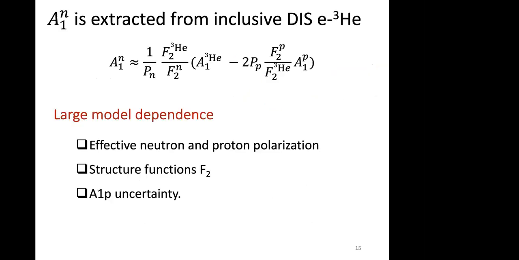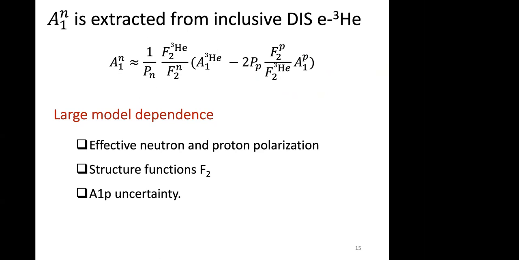Like I mentioned before, in order to extract this A1n asymmetry from A1 helium-3, we need many other input ingredients in this measurement, like the F2 function from the proton, the neutron, and helium-3, as well as the asymmetry measurement from the proton, and also the effective polarization of the neutron and the proton inside helium-3.